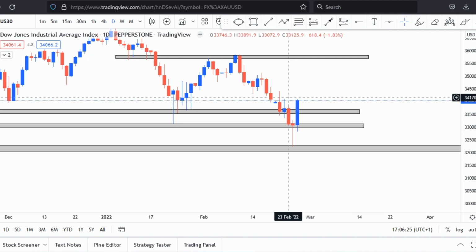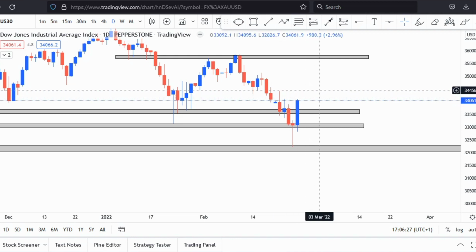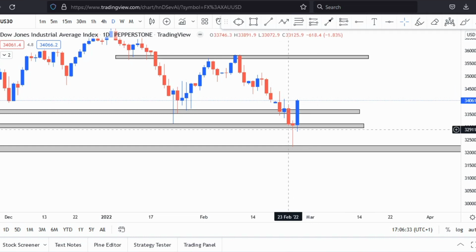I'll just point out some of those key levels that I can identify, and hopefully in the coming week we can look out for those levels. Also, because of this massive bullish move, there's a possibility that price could retrace at least up to 50% of this candle. With a massive candle like that, normally price may end up retracing about 50% of it.